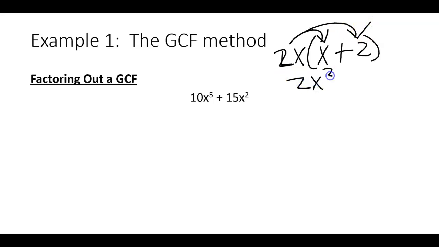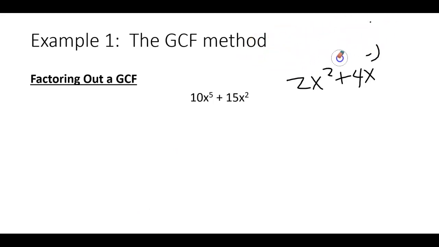I'm just showing you guys what distribution is, and you guys know all that. So factoring out a greatest common factor is the opposite of that. It's basically where you ask yourself, what do these two terms have in common, and what can I divide out? Okay, so that is what we'll be doing here on this one.